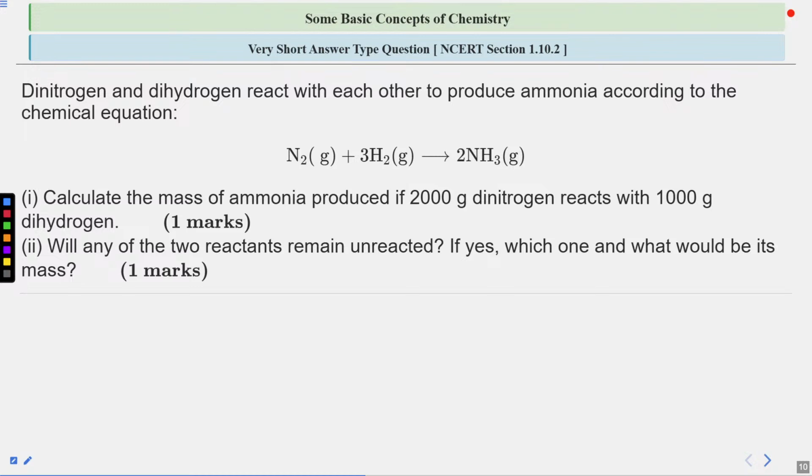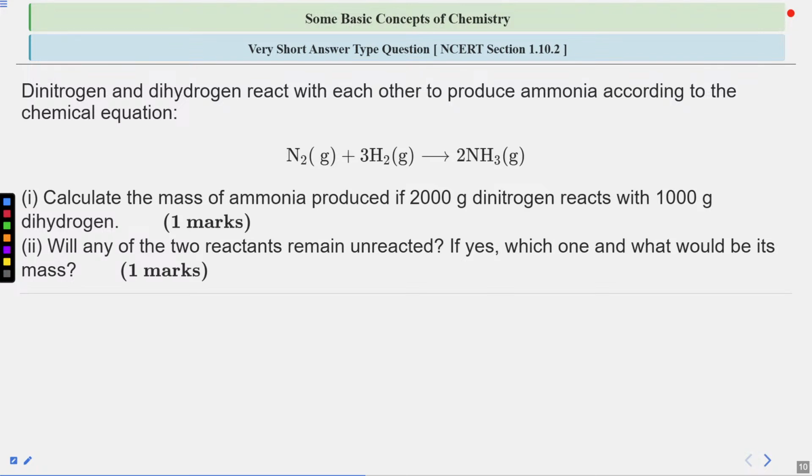First of all, this should be clear to you. Then this is your equation. Now it is being asked what is the mass of ammonia produced if we take 2000 grams of dinitrogen and react it with 1000 grams of nitrogen.